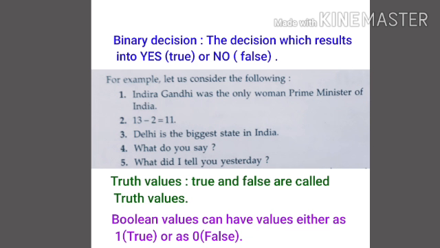Here 1 means true and 0 means false. The variables which can store these truth values are called logical variables or binary valued variables, as these can store one of the two values, true or false.